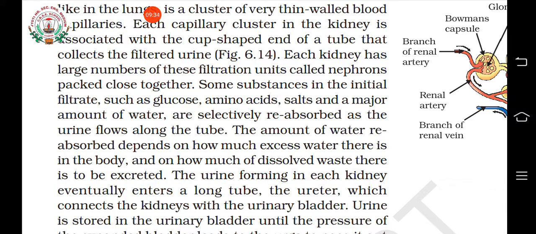Blood passes through the nephron, especially through the glomerulus. Many of the components are squeezed out or filtered out through the glomerulus, and it will get collected in the Bowman's capsule, and from the Bowman's capsule, as it moves down through the tubular part, some of the useful materials like what, amino acids, glucose, salts, etc. are reabsorbed.